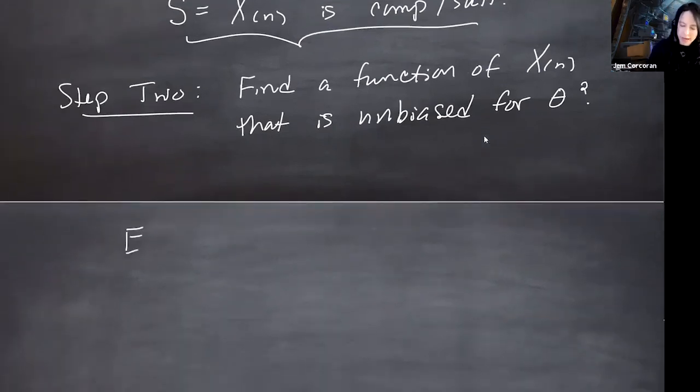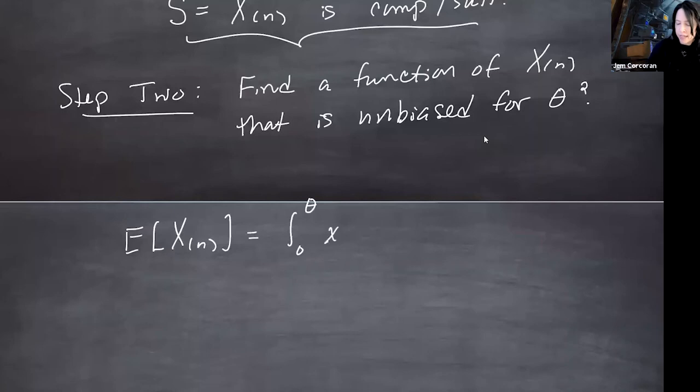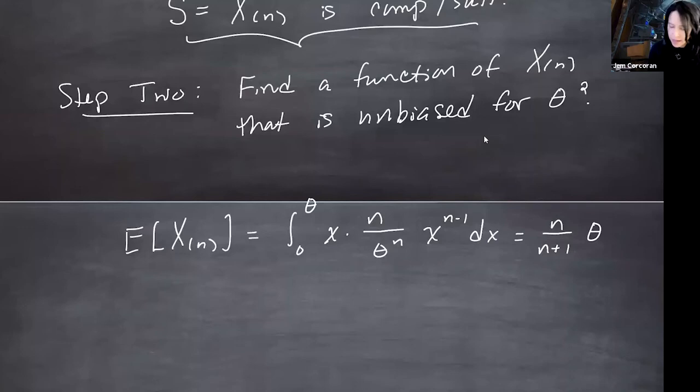I'm just going to recap that super fast. I know the maximum lives on 0 to theta, and I'm going to take x times the PDF for the maximum. You may not know the PDF, and that's fine, but it looks like this. And so I end up getting n over n plus 1 theta, and I purposely didn't show any detail there, but I just wanted to say that it's not theta squared.